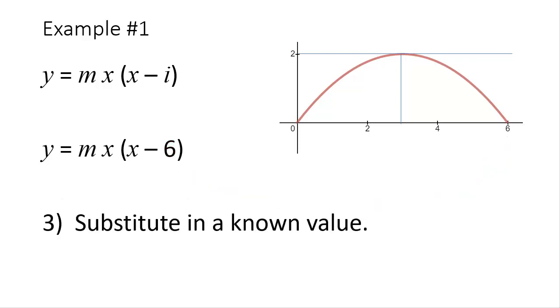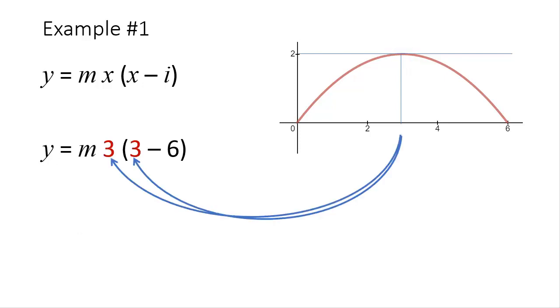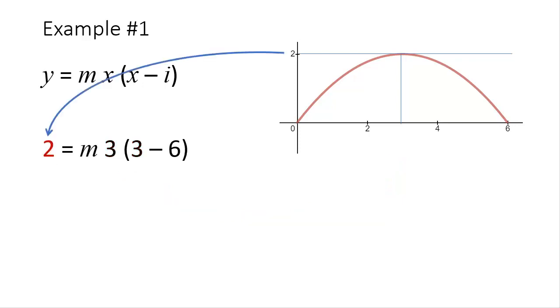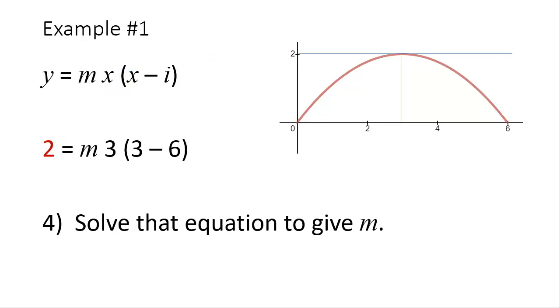Then we substitute in a known value. We're told that it is 2 meters high, and because parabolas are symmetric, it must be halfway across, so it must be at 3. So in our equation, we substitute x is equal to 3, when y is equal to 2, and then we solve that equation to give the m value.